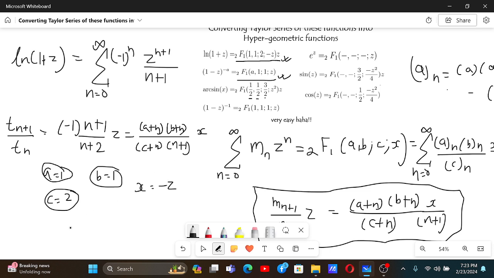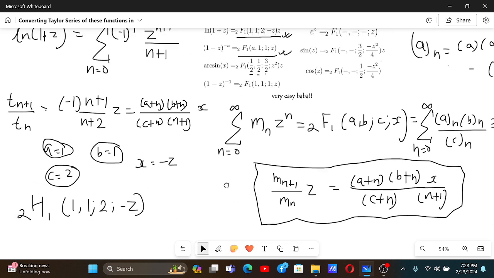So basically, our hypergeometric series will now be hypergeometric with 1, 2 in the numerator and 1 in the denominator, where a is 1, b is 1, c is 2, and x is minus z. But this may or may not be the answer, because we are just taking the ratios.